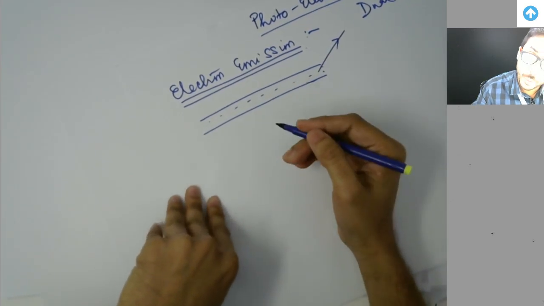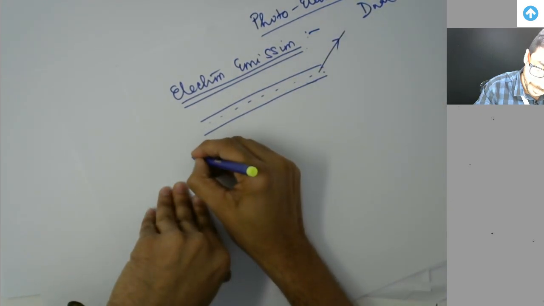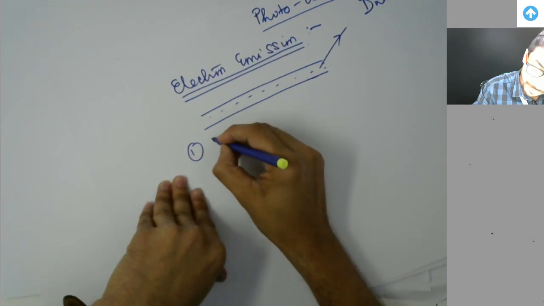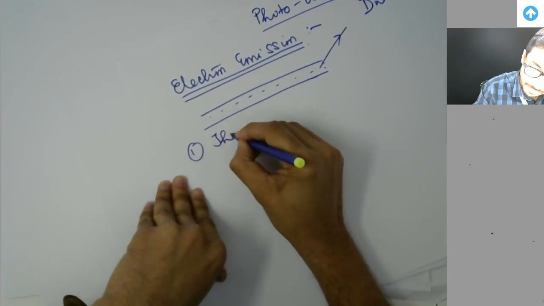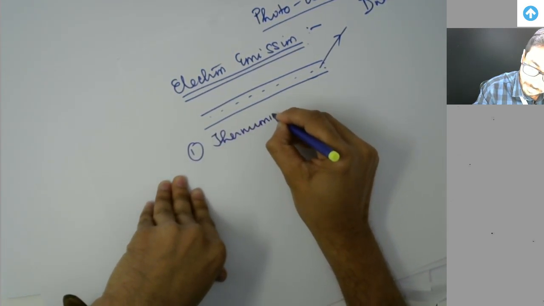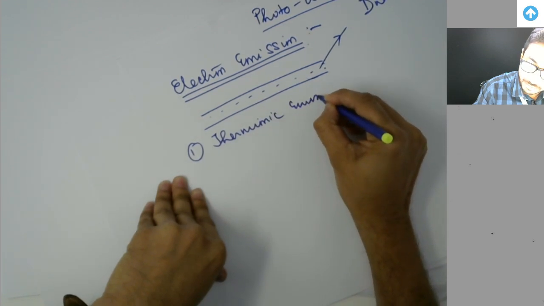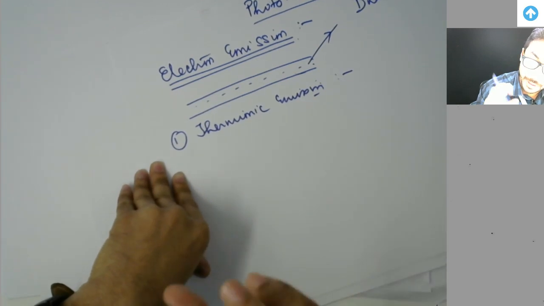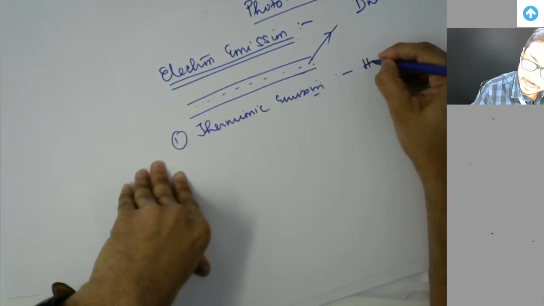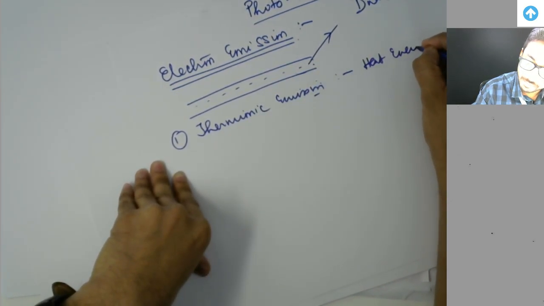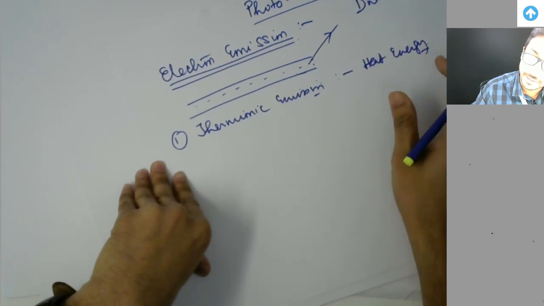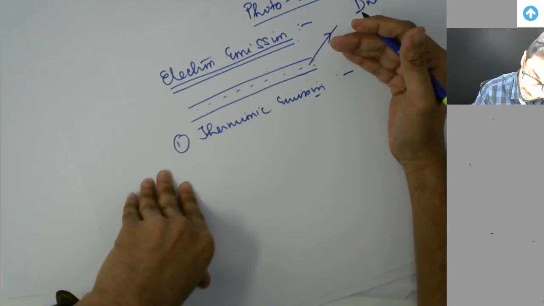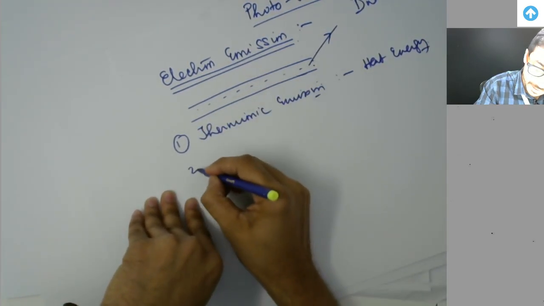Now, in how many ways can the electrons fly away? There are 4 ways. First is thermionic emission. That is when sufficient heat energy is provided, electrons can be emitted from the metal surface.